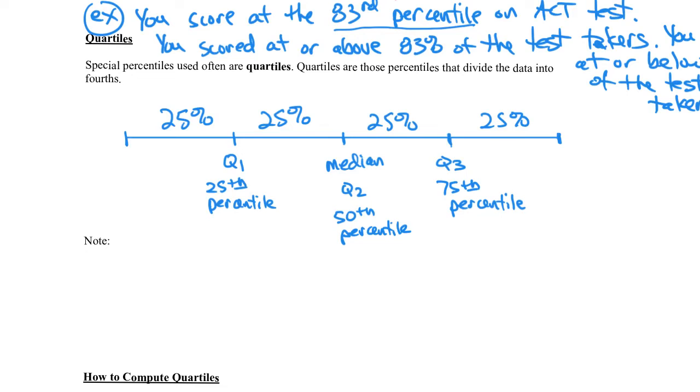So if you score in the 75th percentile, you're way up here. That means that you scored at or above 75% of the test takers and at or below 25%. Out of all these names, I'm going to show you the ones that are most popular. Typically, people call this Q1, they call this the median, and they call this Q3. These are just some other names that are also correct, but not used as often.